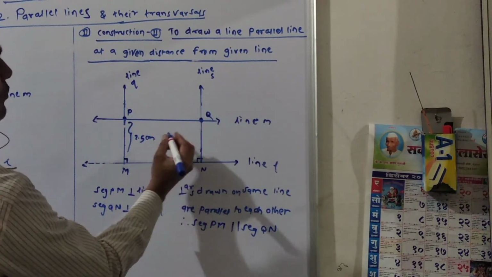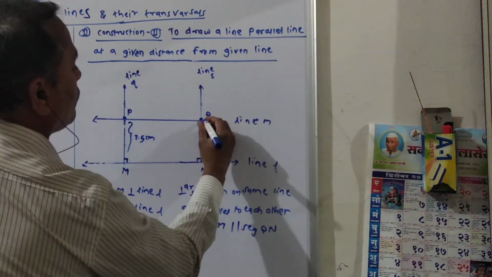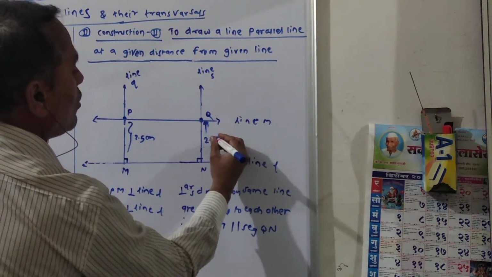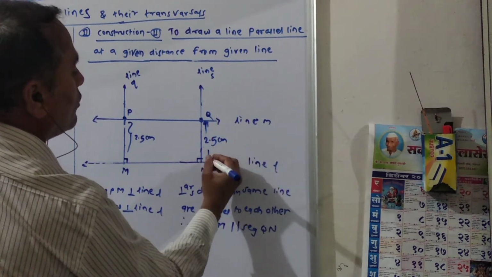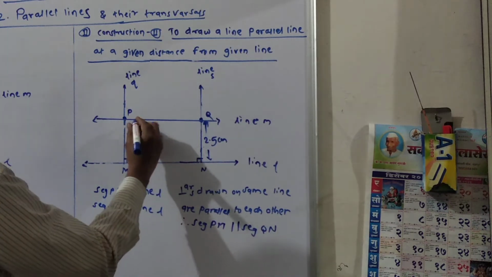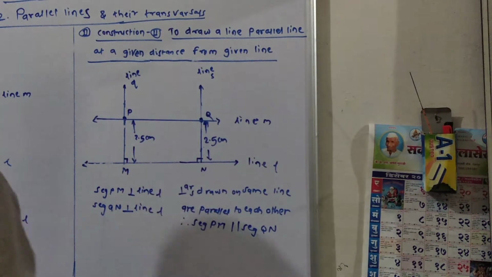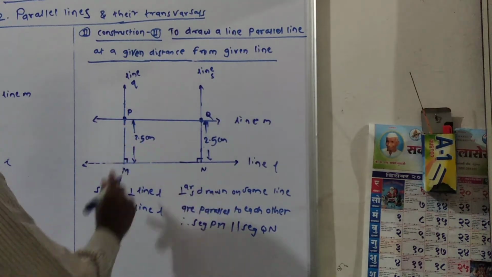This distance is also 2.5 centimeter. Here also the distance is 2.5 centimeter. So both the distances are of the same length. Hence these segments are parallel to each other. Also these segments are congruent.